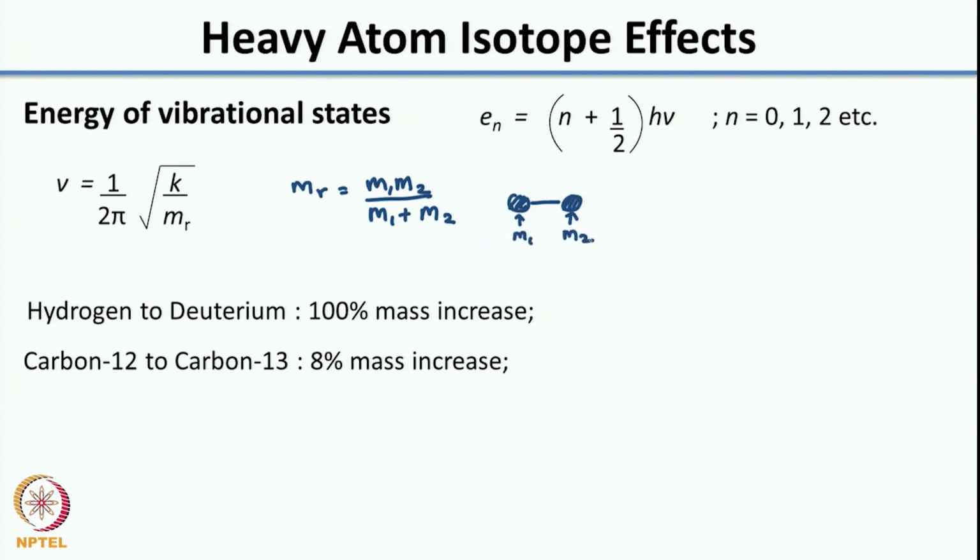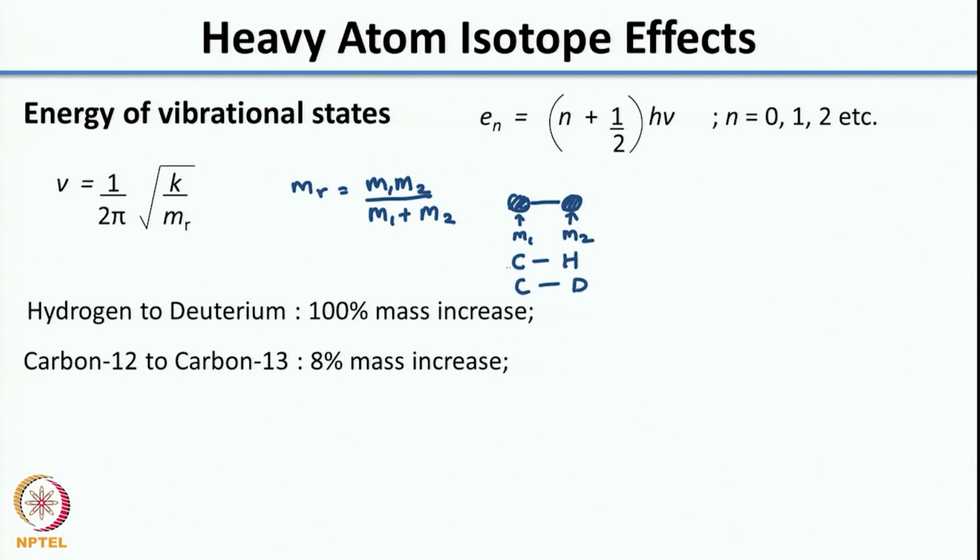So now that you understand this, you can calculate the reduced mass when you think of replacement of hydrogen with deuterium. So in this case, you are thinking of now CH versus CD.